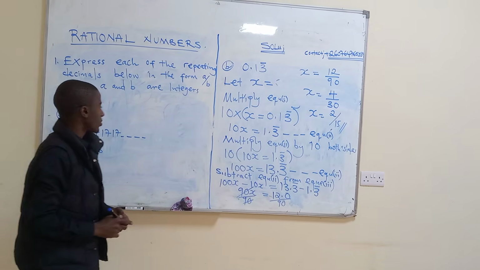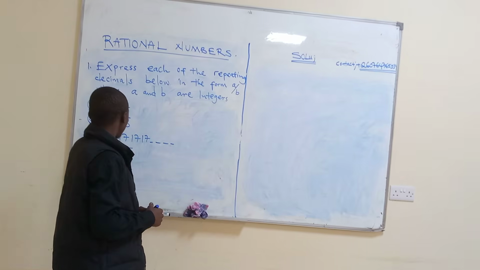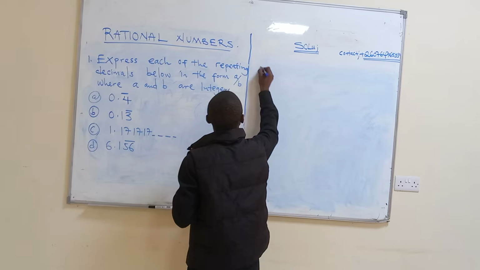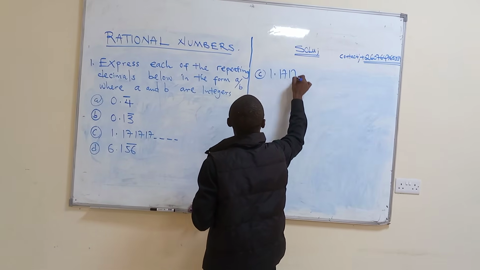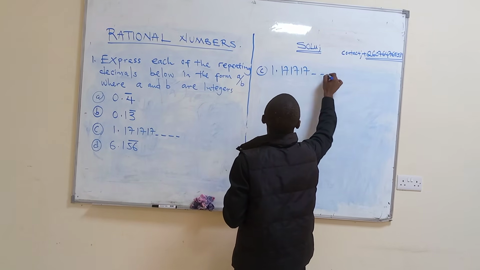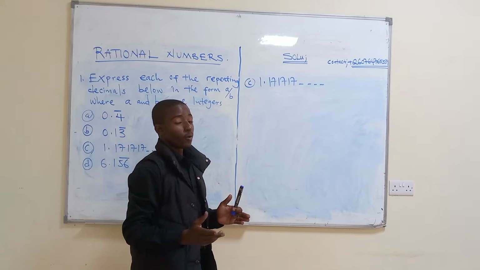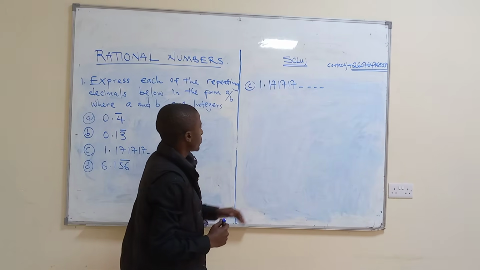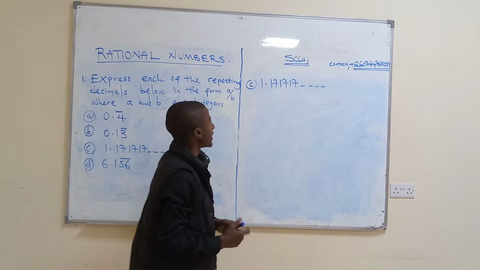So from there, we are going to proceed to C. I've been given C to be 1.17. So my first step, what I have to do here, is to mark these repeating numbers.